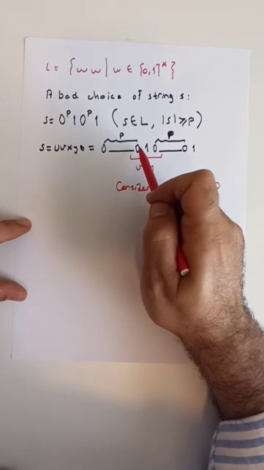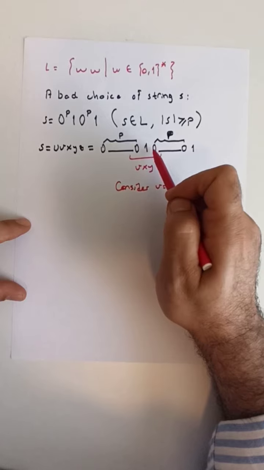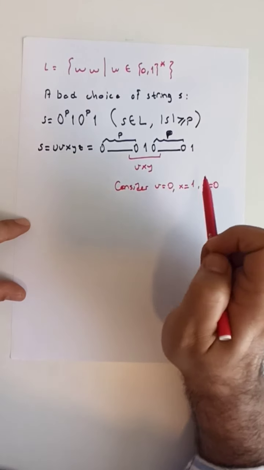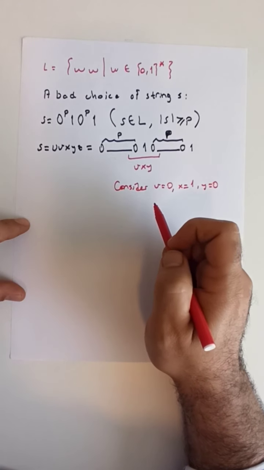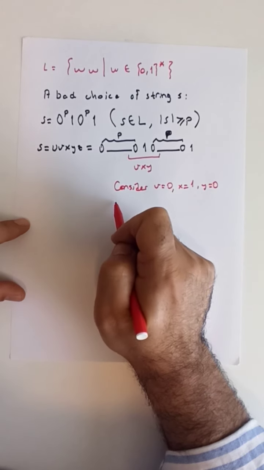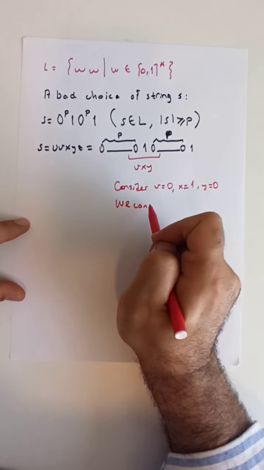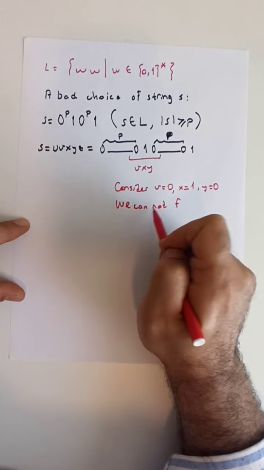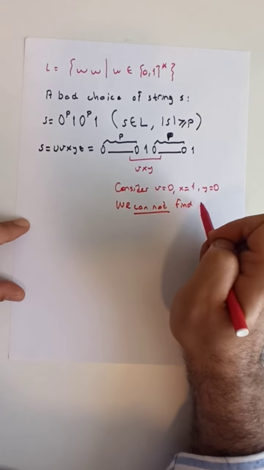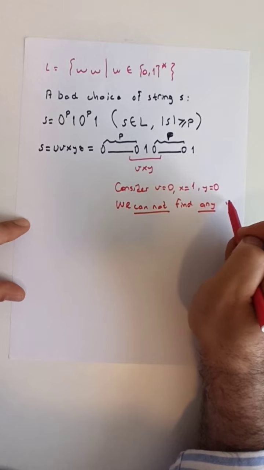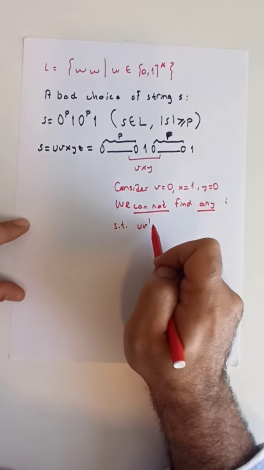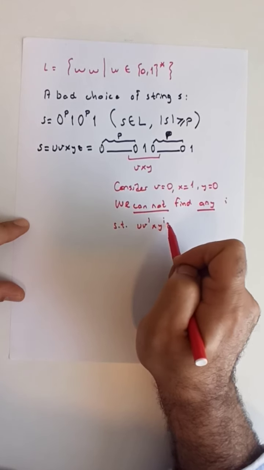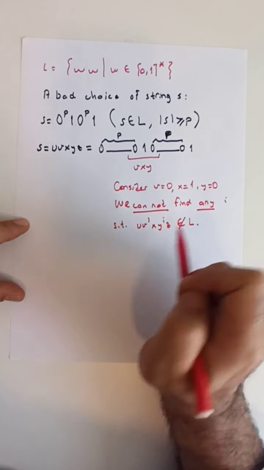Basically v is 0 here, x is this 1, y is this 0. For this scenario, we can see that we cannot find any integer i such that uv^i xy^i z is not in the language.